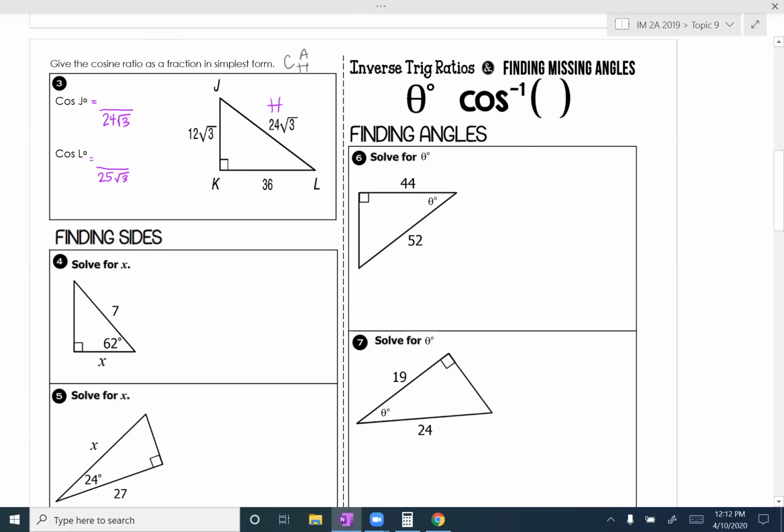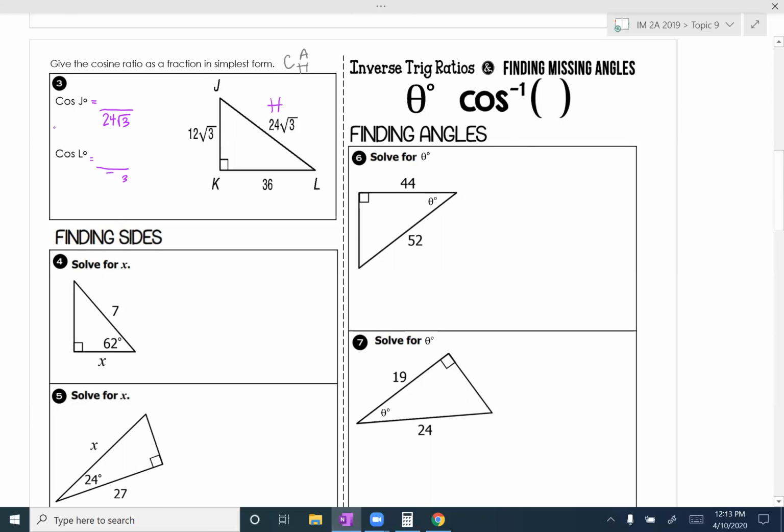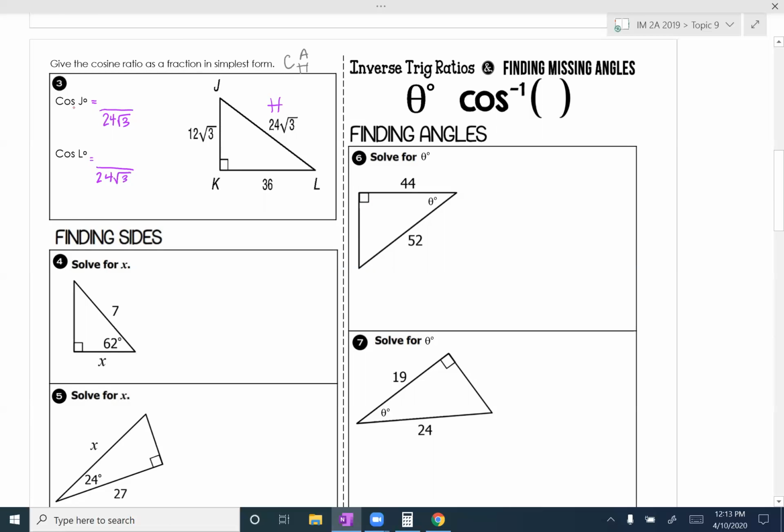And so that's going to be 24 radical 3 no matter what. I'm not sure I wrote 25 down there, so let me fix that. Here we go. 24 radical 3.